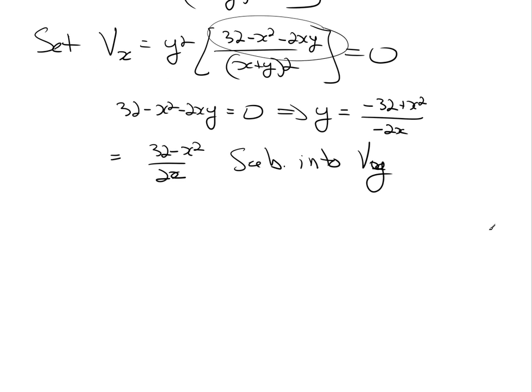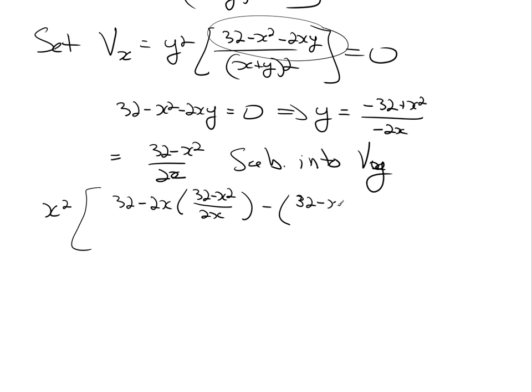And when I do, I'm going to have x squared times 32 minus 2x, and here's a y, which is going to be 32 minus x squared over 2x, minus, I'm going to have another y here, squared, 32 minus x squared over 2x squared.